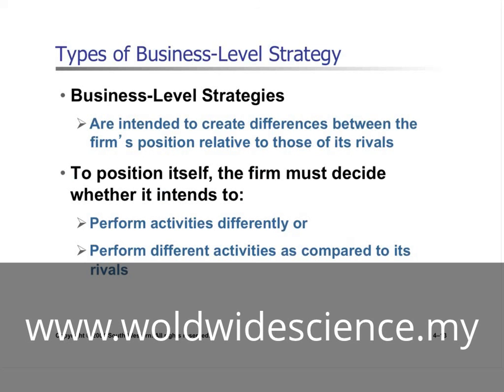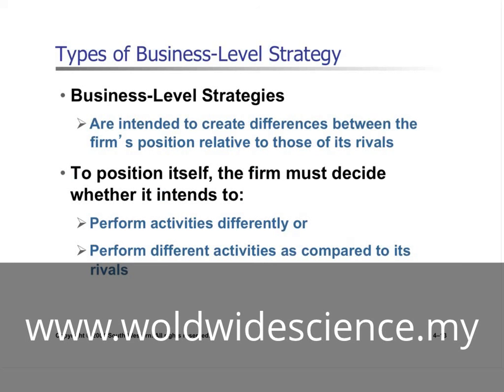Okay. So going back to the topic, types of business level strategy. Business level strategies are intended to create differences between the firm's position relative to those of the rivals.